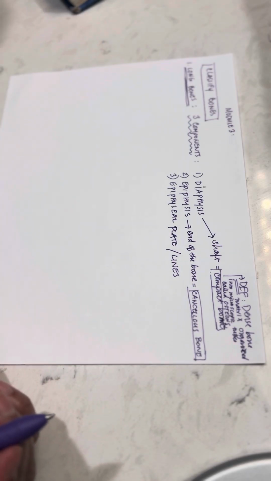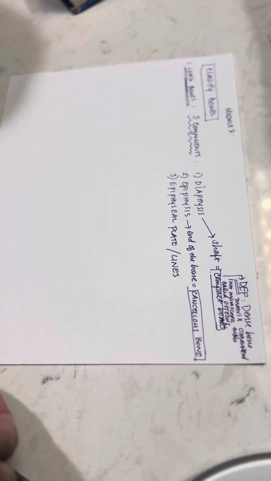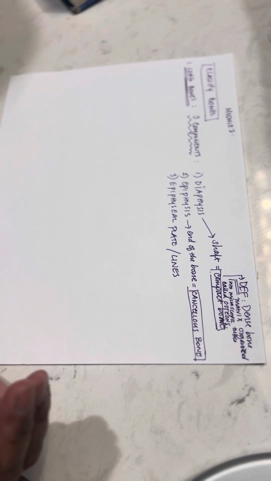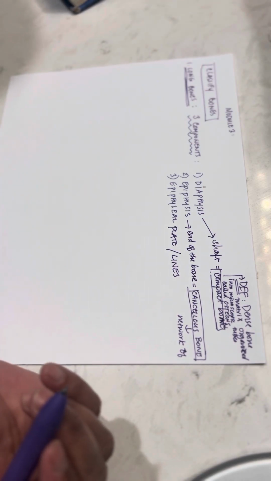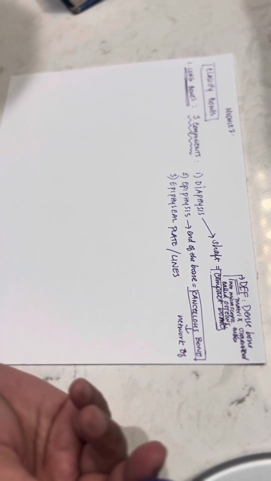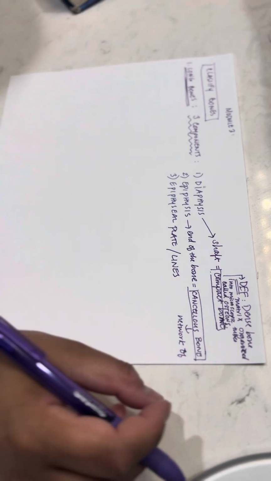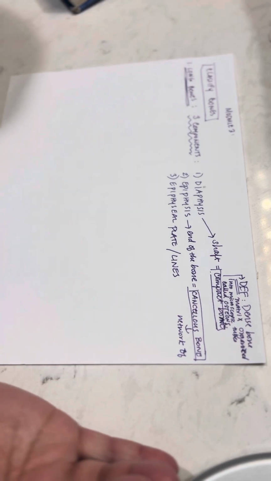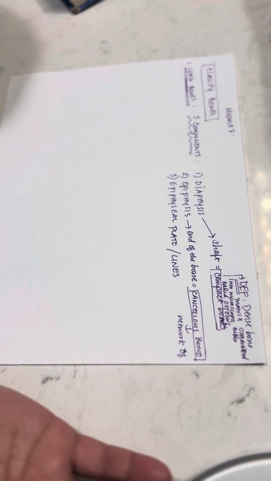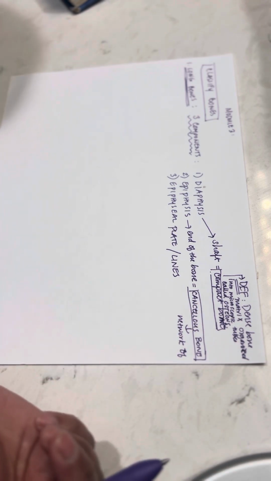Cancellous bone is like a spongy type of bone. Basically what it is, it's a network of marrow-filled spaces. Okay, so there's marrow within the spaces of the bone, and that makes it have a spongy type of appearance. Okay, and that's known as cancellous bone.